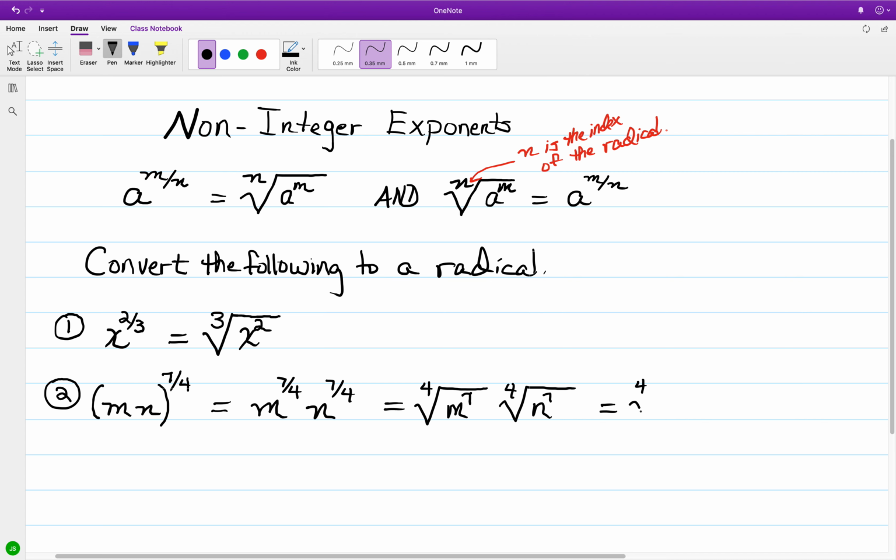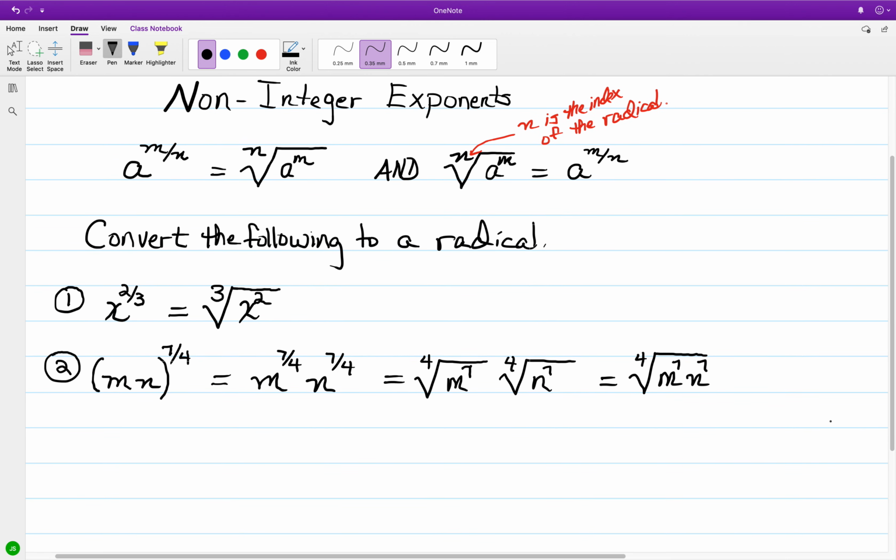So in the product, we have the 4th root of m to the 7th times n to the 7th. Technically, this radical can be reduced, but just in conversion terms, using this property, we'll leave this as the 4th root of m to the 7th times n to the 7th.